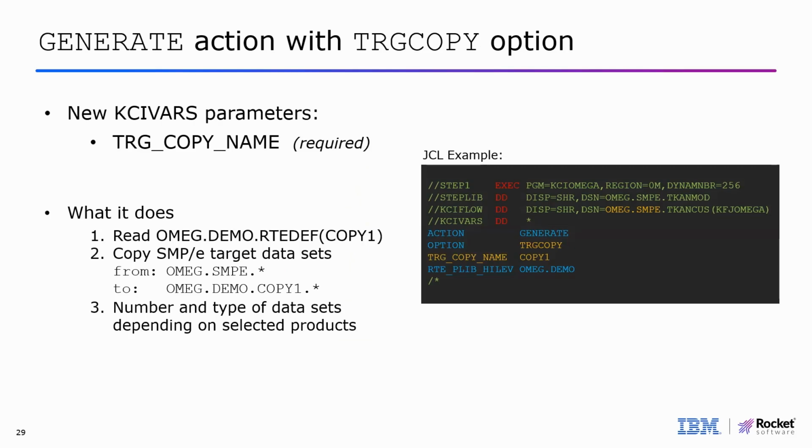Again, the number and type of data sets depends on what products you have selected. So if you change your mind later on and want to include additional products, you can just rerun generate, and it will update or refresh the library accordingly.